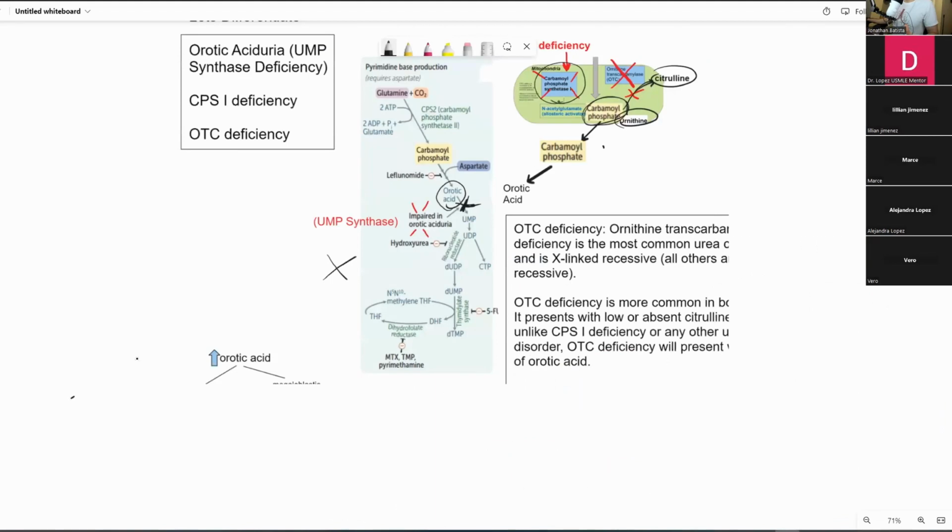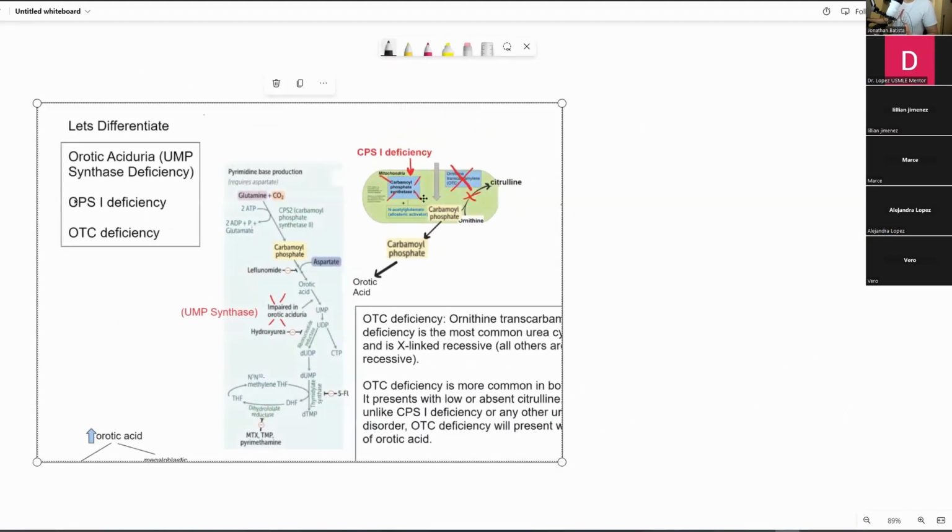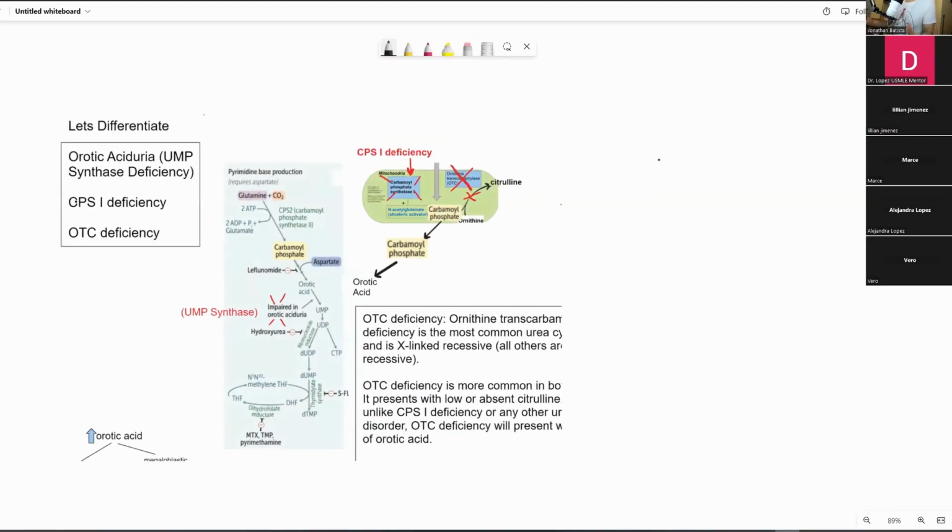So what I'm saying is this, the enzyme UMP synthase is not connected to anything here. I'm going to tell you where there is a small connection. Yes, X-linked recessive. There's a couple of X-linked recessive diseases, and we should list them. But I'm going to explain this. I'm going to tell you what's happening here.